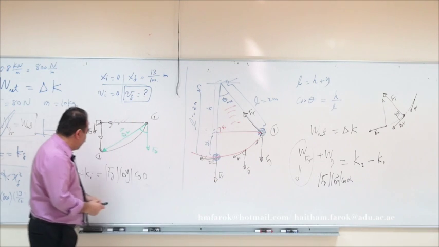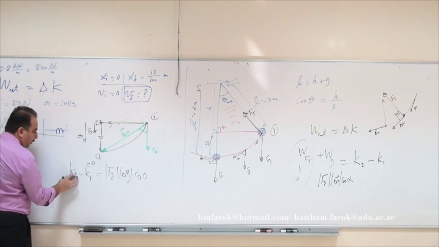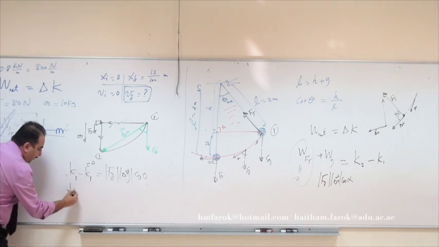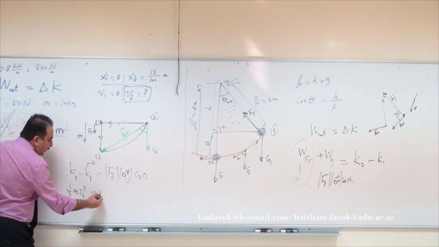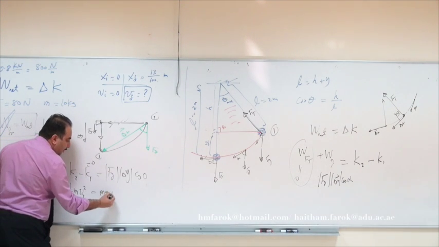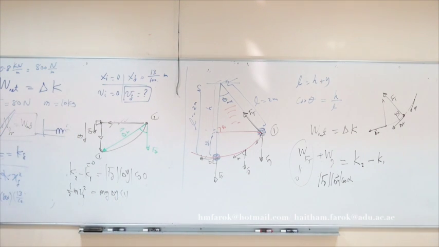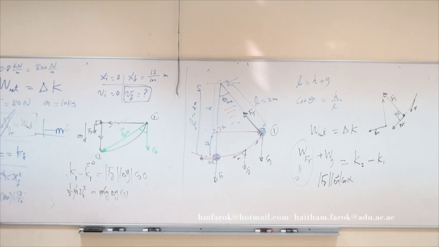So kinetic 1 is 0. Kinetic 2 is half m v2 squared, equal to Fg delta y, which is mg delta y multiplied by 1. Do you need the mass? No. It cancels from both sides.